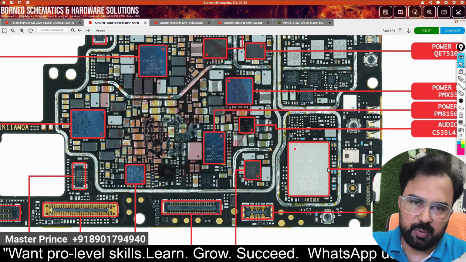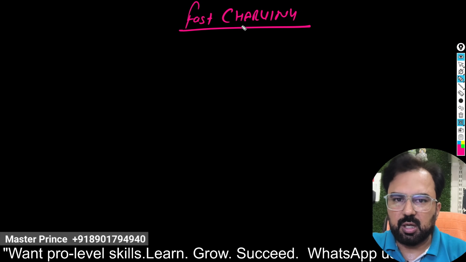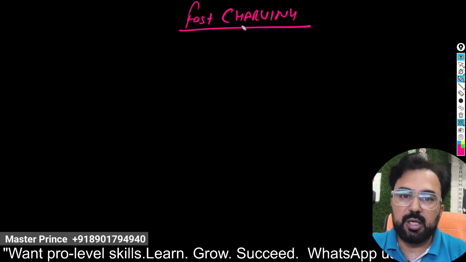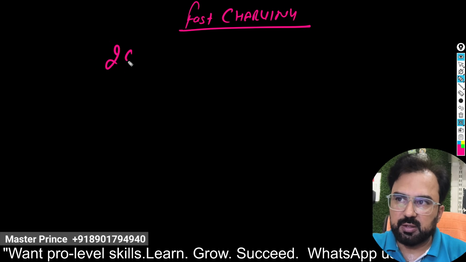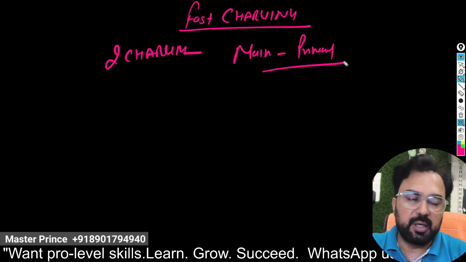Now before going to the circuit, I will explain the fast charging. In the charging section I have already explained multiple times, in multiple circuits, how fast charging works. If a phone has fast charging support, the circuit must have two charging ICs. The first is the main charging IC, or primary charging IC, which handles the main circuit and also generates the VPH.